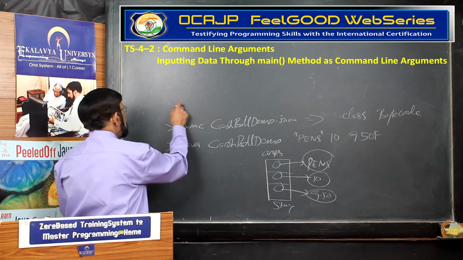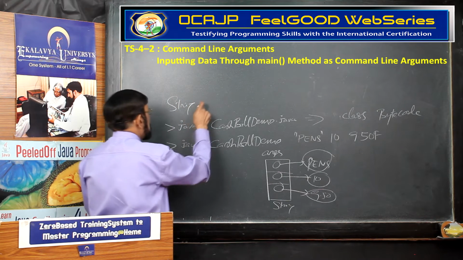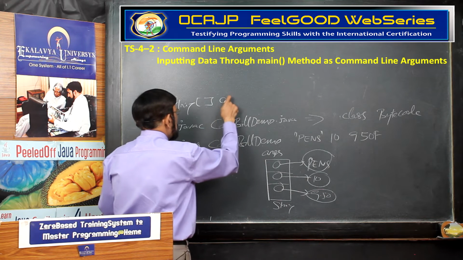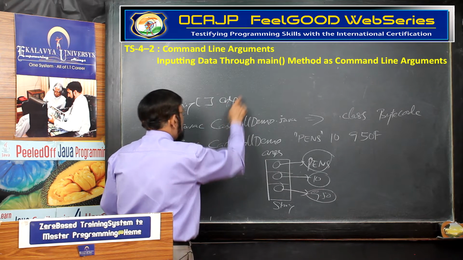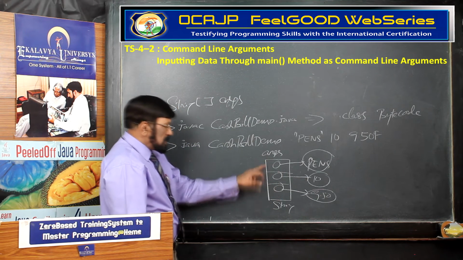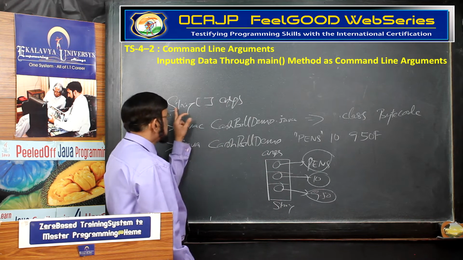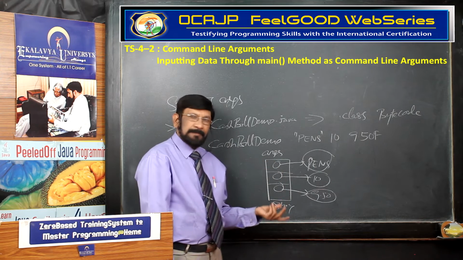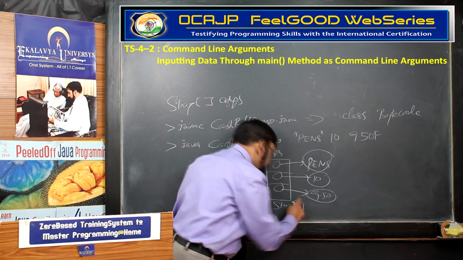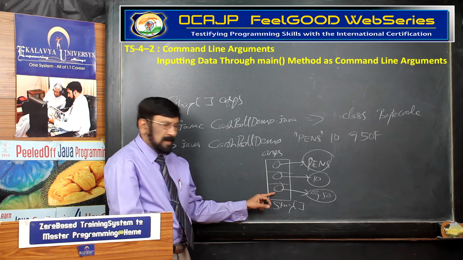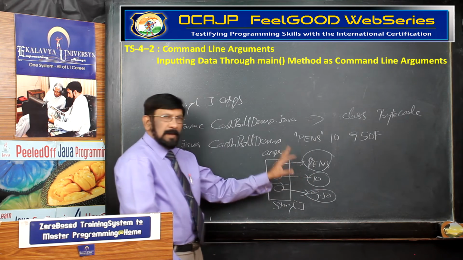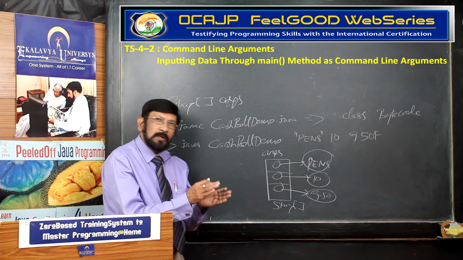Now what are we writing? String args we are writing. So this is the array. Its name is args. Its type is String. What is this? This is a string array. These are objects. An array cannot hold an object.